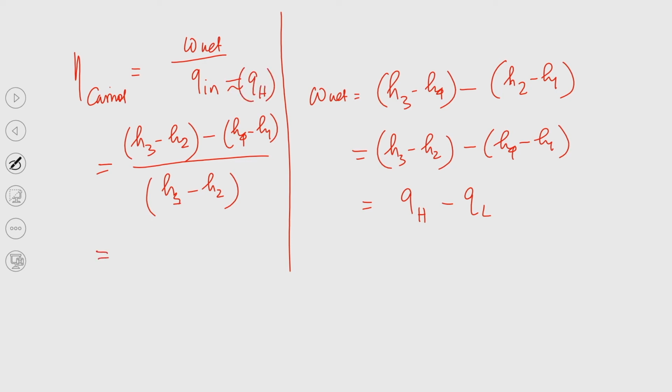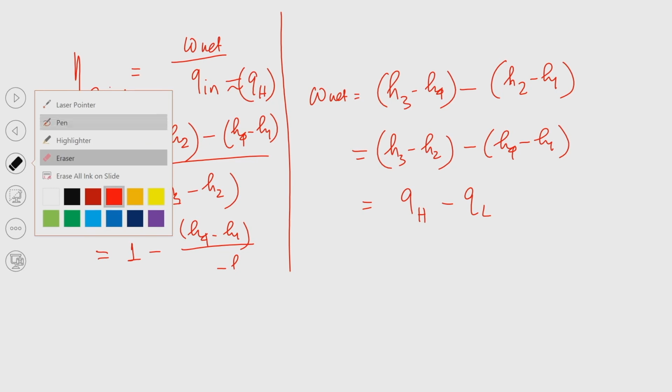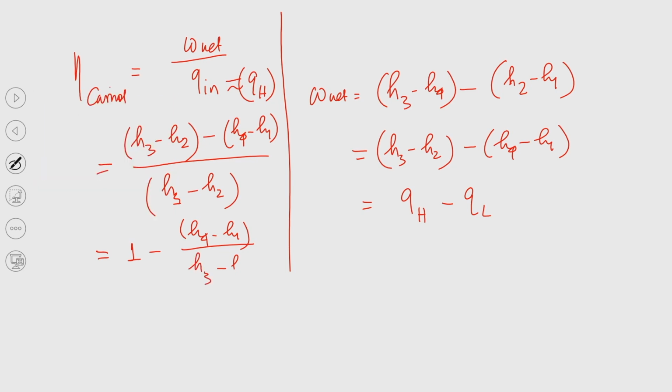So, we can write 1 minus (H4 minus H1) divided by (H3 minus H2), right.